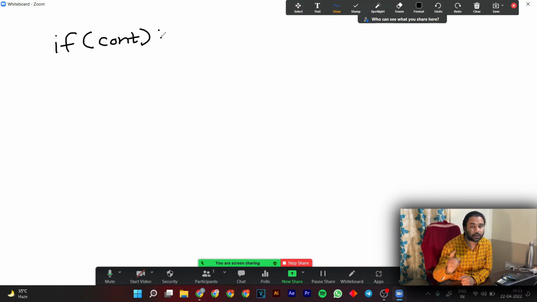There is a colon. Remember that all compound statements in Python must have a colon at the end. A colon at the end of a statement is an indicator that it is a compound statement, and there is a set of statements following it. So it is our compound statement.